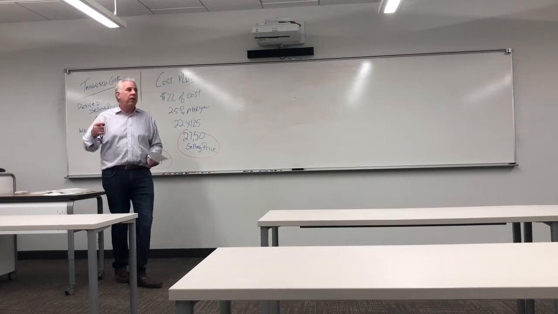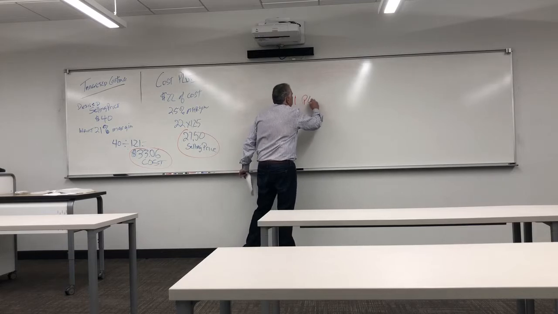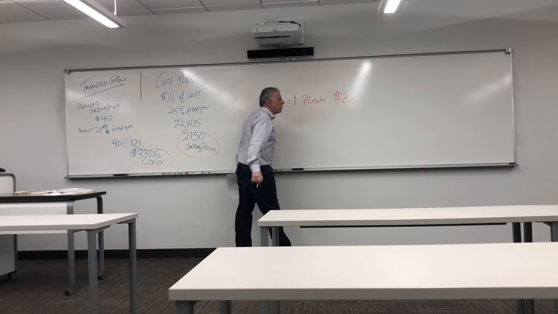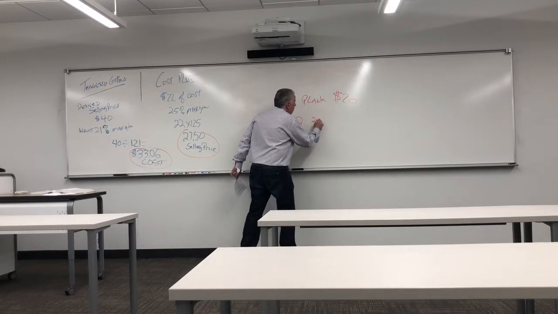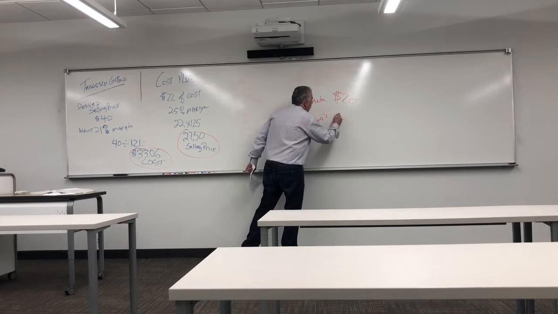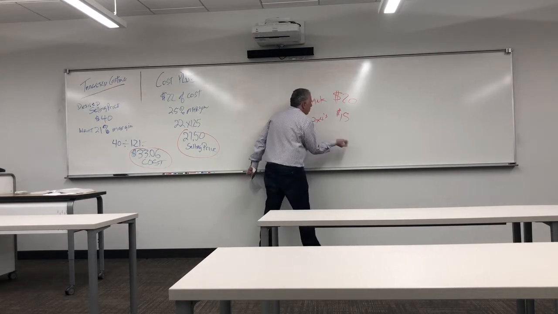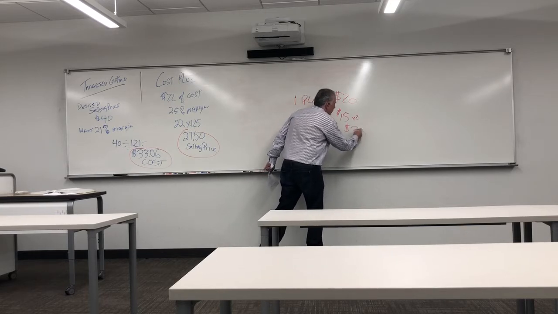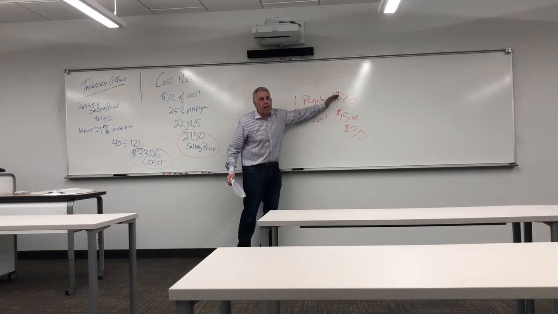So instead of selling one plank for $20, we're going to make two 2x4s that we can sell for $15 each, which means times 2 is $30. Incrementally, we're adding $10 of sales.